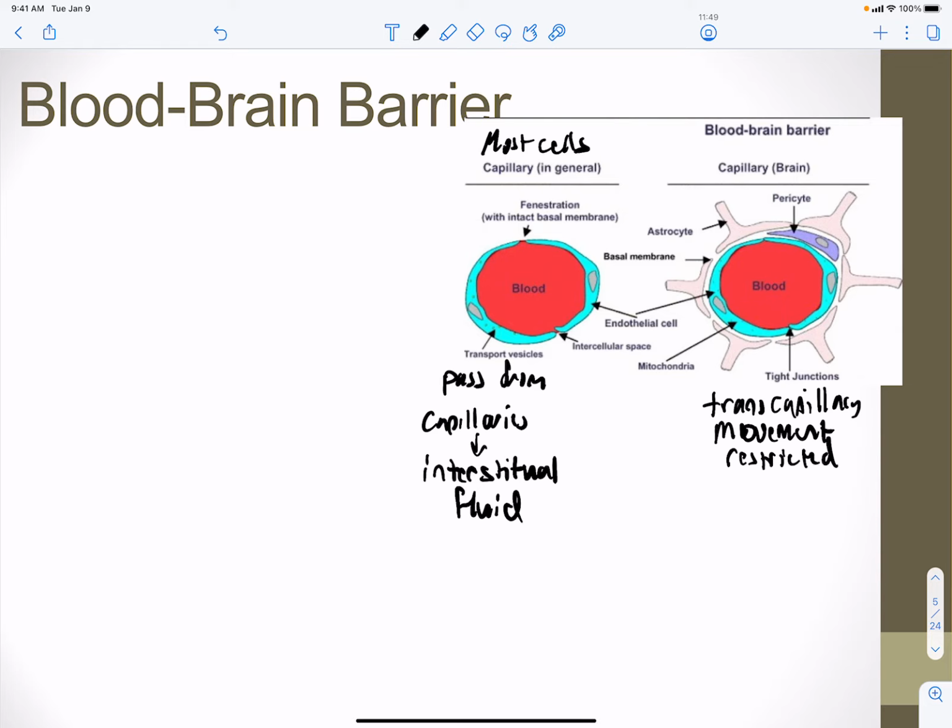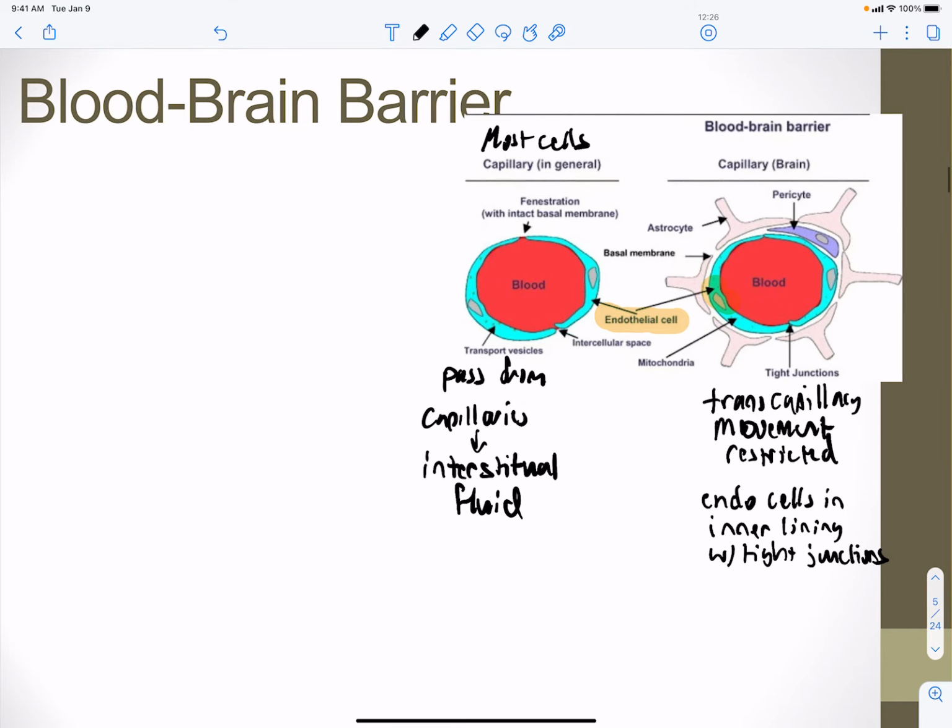So endothelial cells are going to form the inner lining. So in your blood-brain barrier, your endothelial cells are going to be an inner lining. They're going to be joined by tight junctions, and they don't permit polar molecules from the blood into the interstitial fluid that is bathing the neurons.